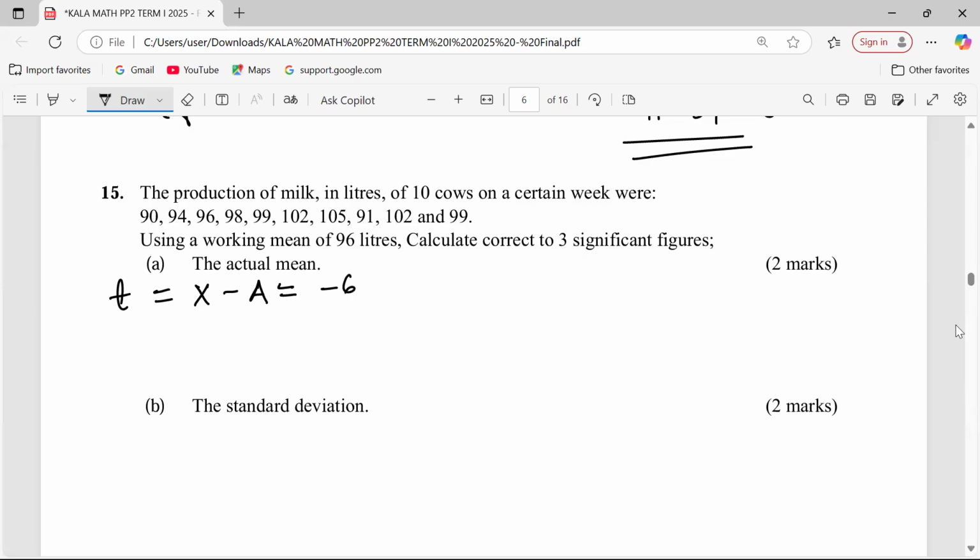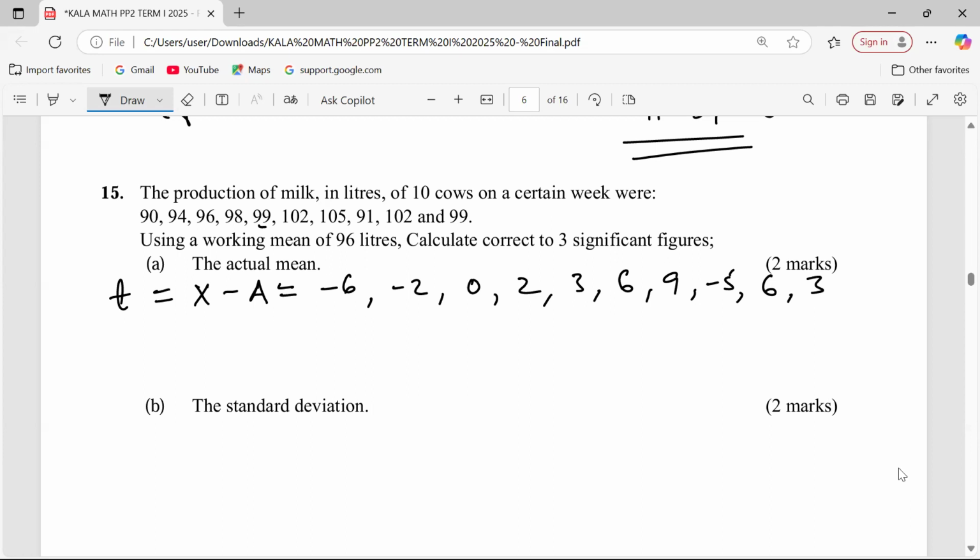We get negative 6. 94 minus 96, we get negative 2. 96 minus 96, we get a 0. 98 minus 96, we get 2. 99, we get 3. 102, we get 6. 105 minus 96, we get 9. 91 minus 96, we get negative 5. 102, we get 6 again, because there was another. Then 99, we get 3. These are the deviations from the mean.